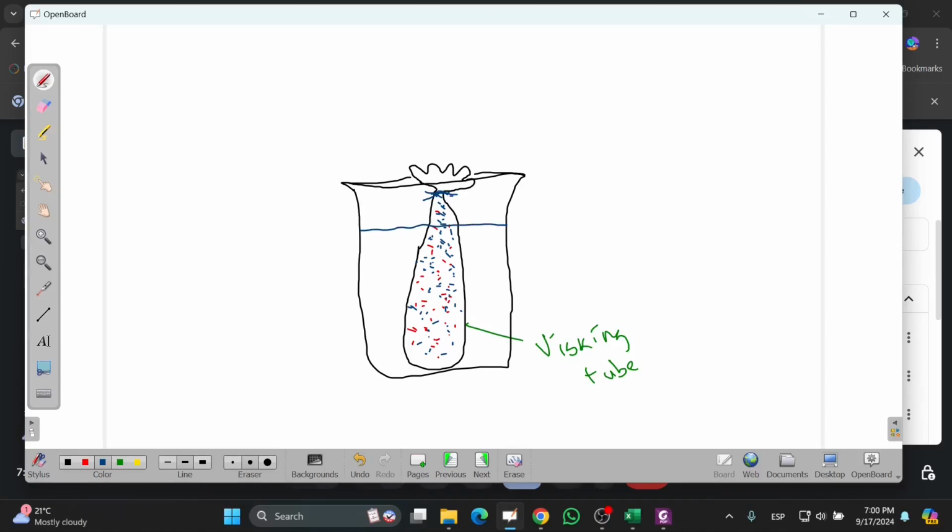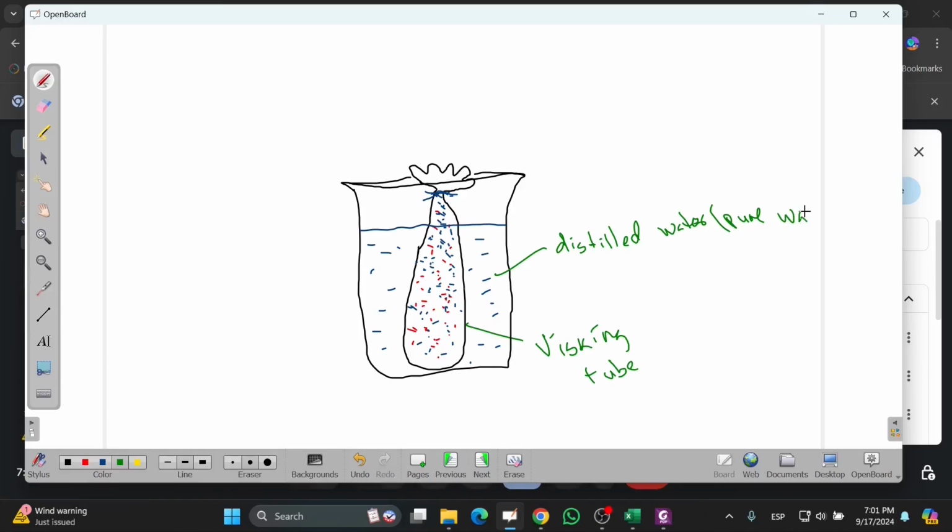So this water outside is just water. Actually, we don't call it pure water. We call it distilled water, that is water obtained by distillation. You take the water, boil it, and then you condense the vapor. You get distilled water, which is pure water.